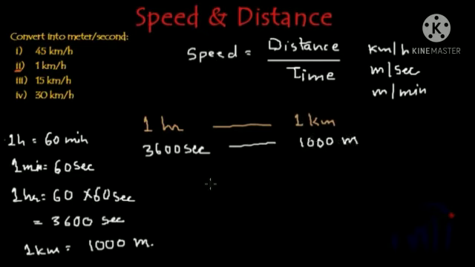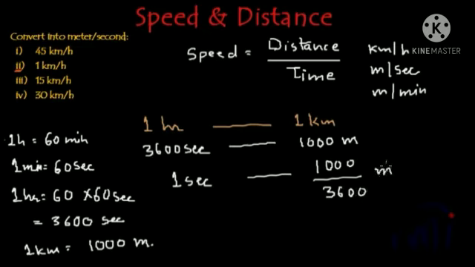Therefore, the distance covered in 1 second is 1000 by 3600 meters. Many to 1 is division. Now, if we solve it further, these two zeros will get cancelled, and this will be 2 5s are 10, 2 18s are 36.